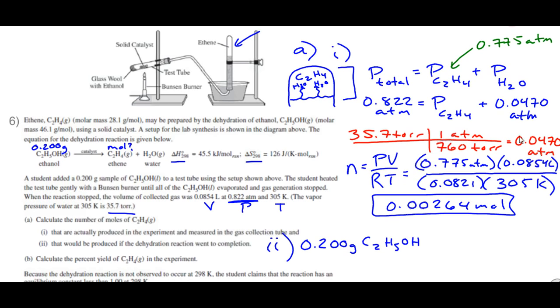So that now is just stoichiometry. So get into moles, 46.1 grams. And then it appears that it is a 1-to-1 ratio.